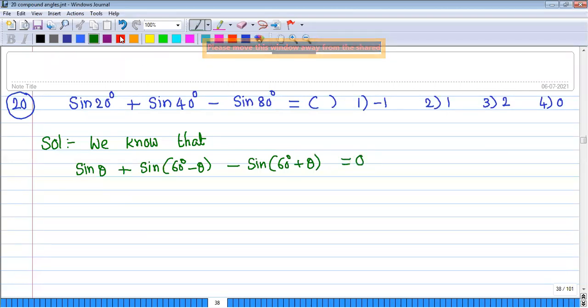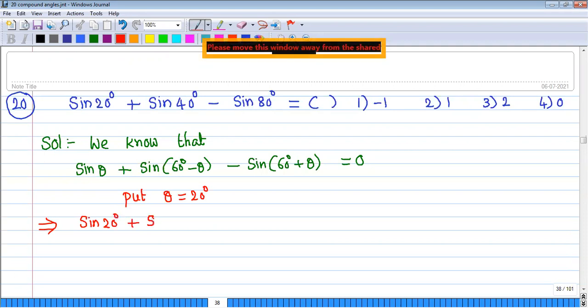So here you do just one thing: put theta equal to 20 degrees. So what do you get now? Sine 20 plus sine 40 minus sine 80 equals to 0. Yes, answer is fourth option, option 4, 0.